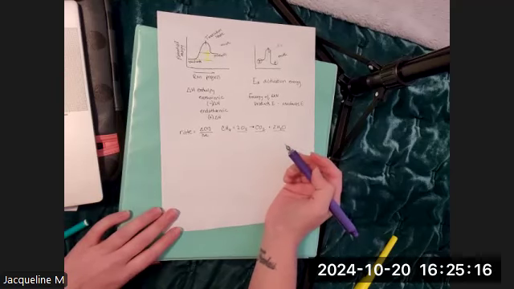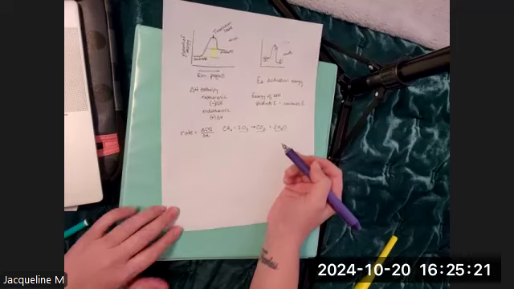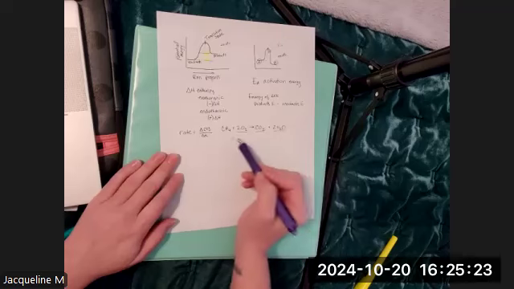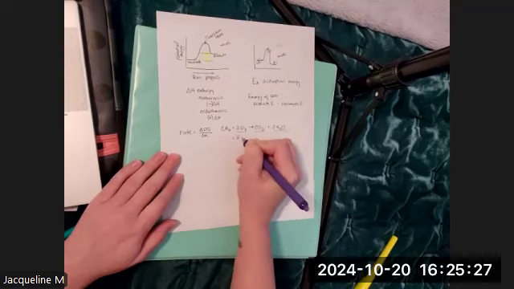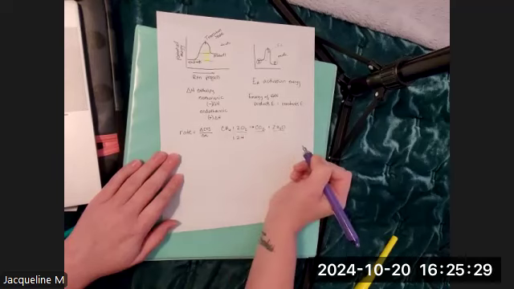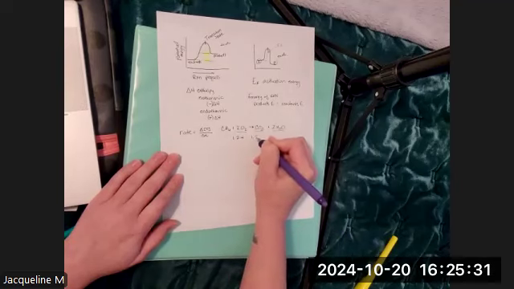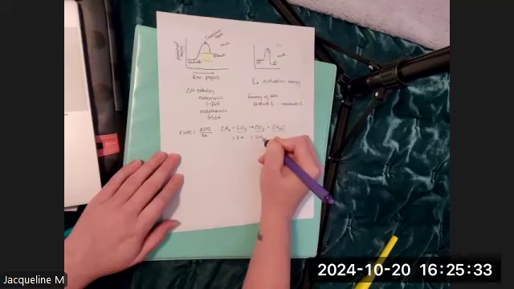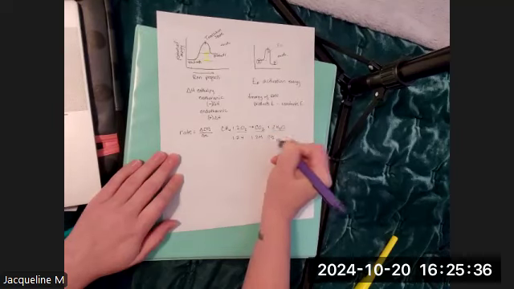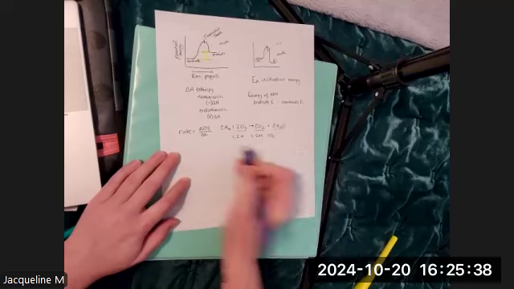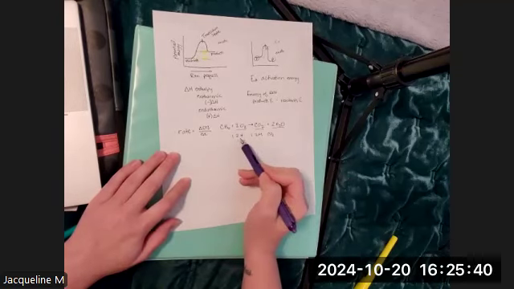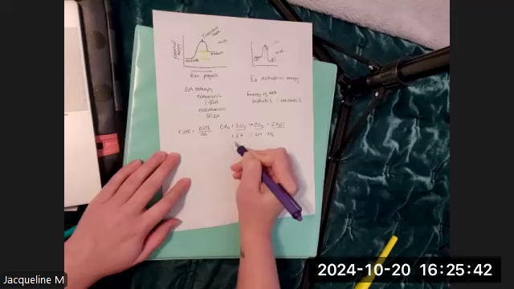They say, calculate the average rate of the reaction if the reaction begins with no carbon dioxide, but after 1.2 hours, there exists 1.2 molar concentration of CO2. Okay, so we said that after 1.2 hours, so that's our change in time, right?